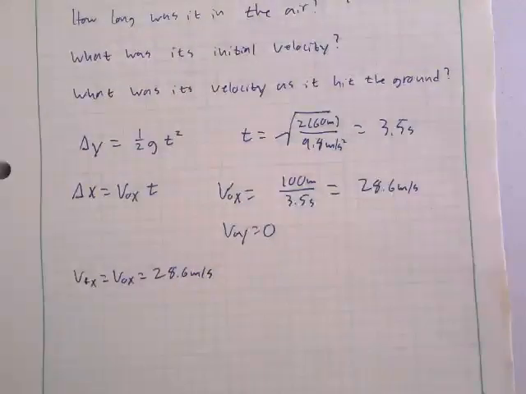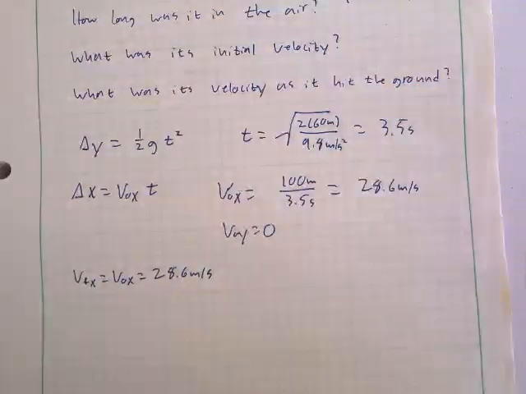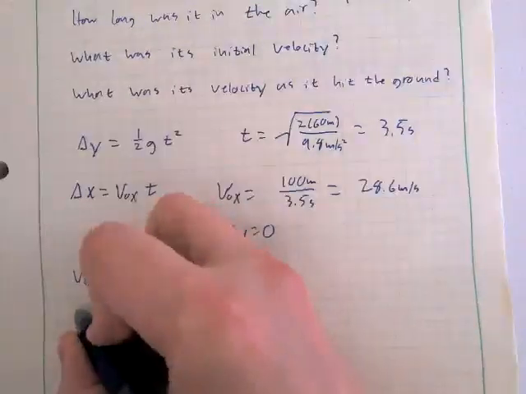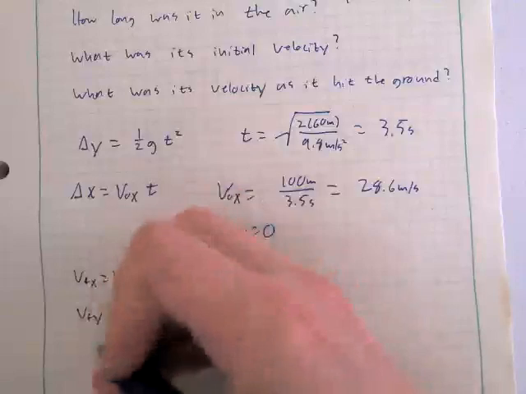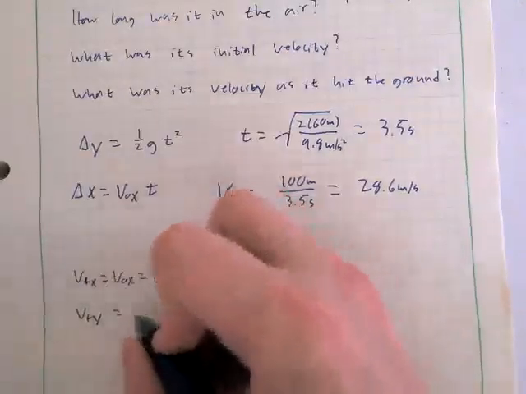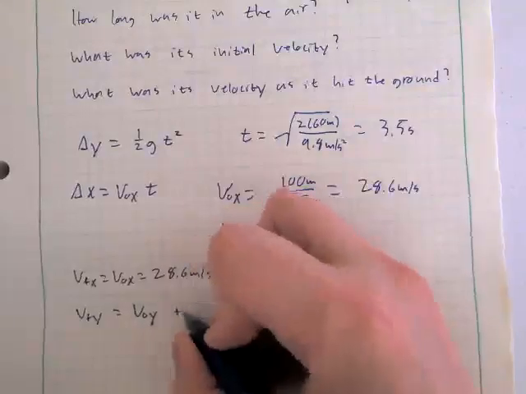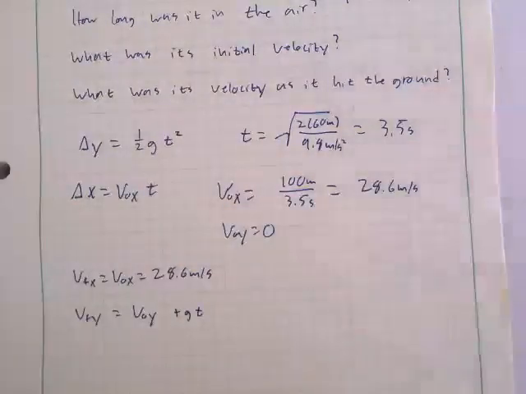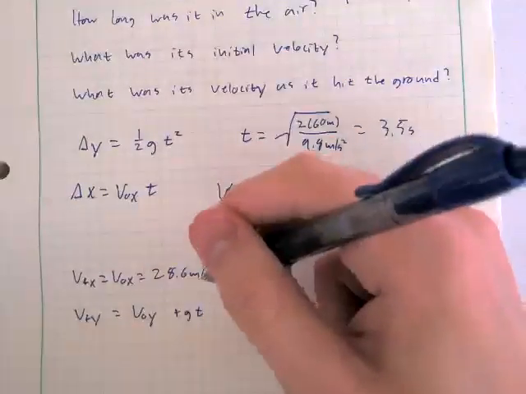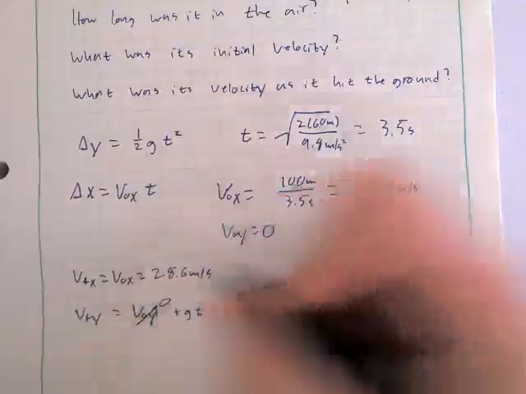Now we have to have one more equation to figure out what our final velocity was in the y direction. So we can say v final in the y direction is going to be v initial in the y direction plus g times t. Again, I'm just putting down as positive, so it'll be positive whatever this happens to be. What is our initial y velocity?